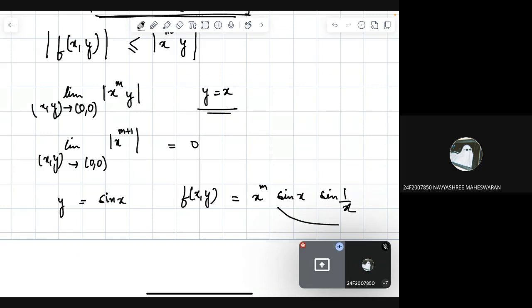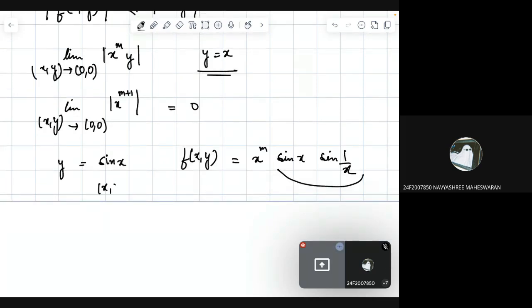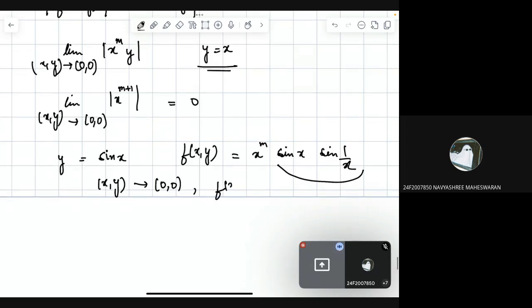These two again have values between -1 and 1, and we are reducing the value of x, because x is tending to 0. Hence as (x,y) tends to (0,0), we see that f(x,y) tends to 0.